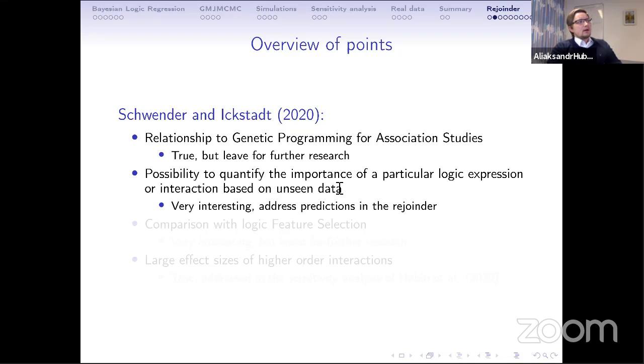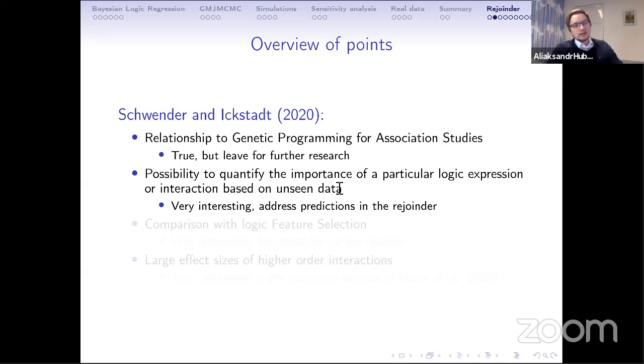Another point by these discussants was that one can, in principle, quantify the importance of particular logical expressions based on the unseen data. And whereas we do not directly do this in the rejoinder, what we are doing is that we are addressing a predictive example where we are showing how the logic regression can be used for predictions.